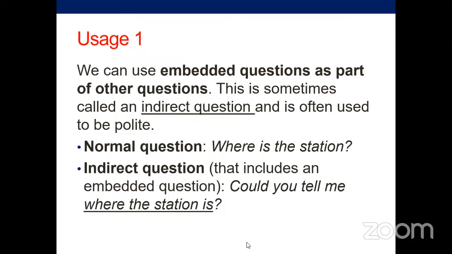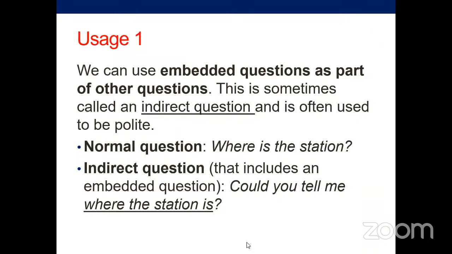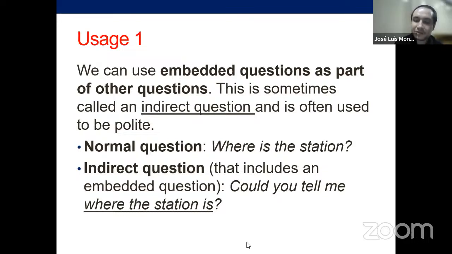Could you tell me where the Paris station is? Good, but instead of station, it's going to be location, right? Party's location. Good, perfect. Thank you very much, Astrid. Correct, right? Could you tell me where the party's location is? Good. Great. So again, that's usage number one.